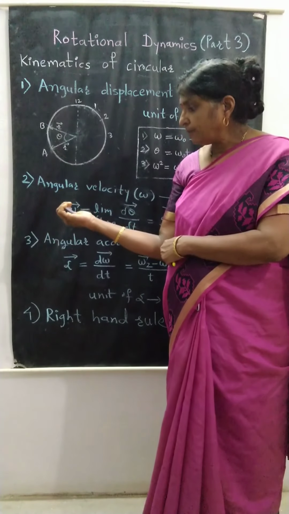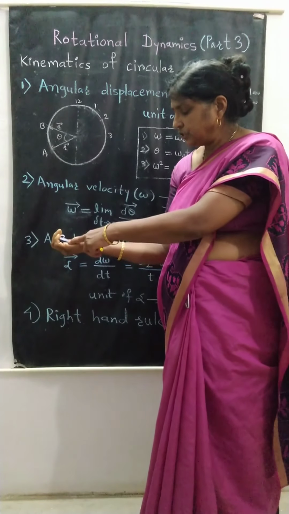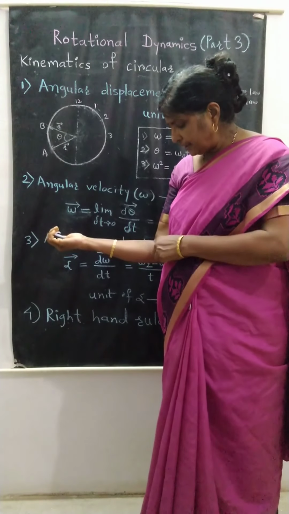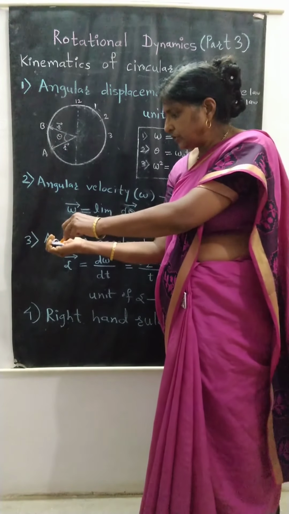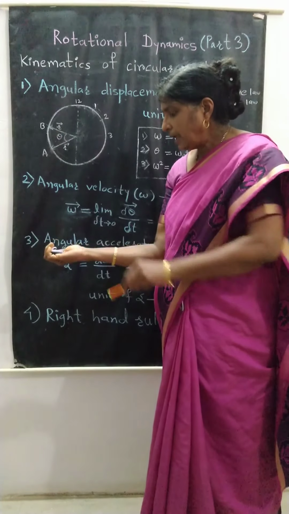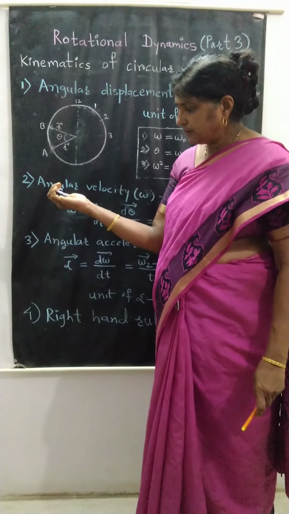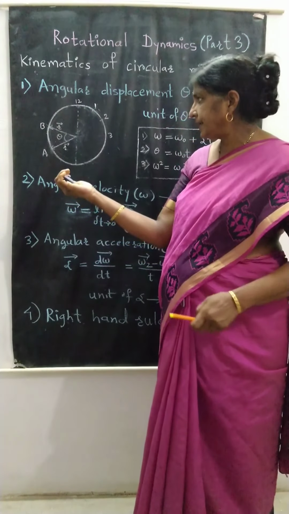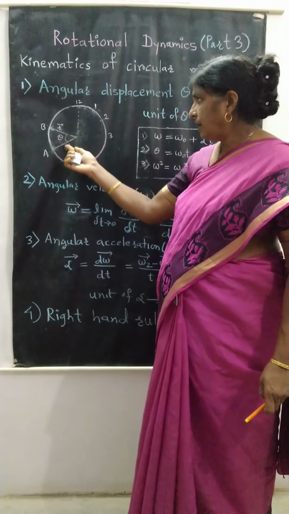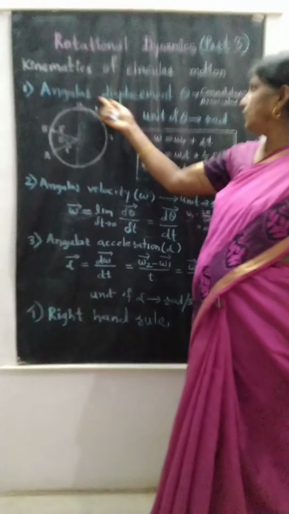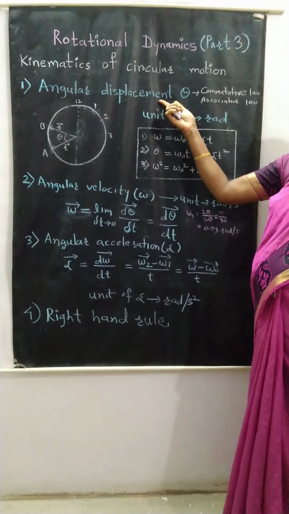This is the center of the circle, this is the position of the particle, and the vector joining the center to the position of the particle is a radius vector. As the particle moves, the radius vector describes a certain angle theta as shown in the figure. So this theta is known as angular displacement.